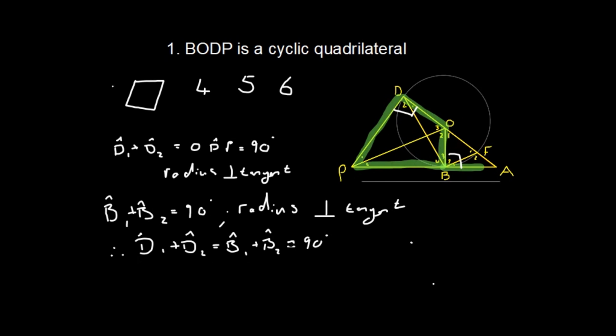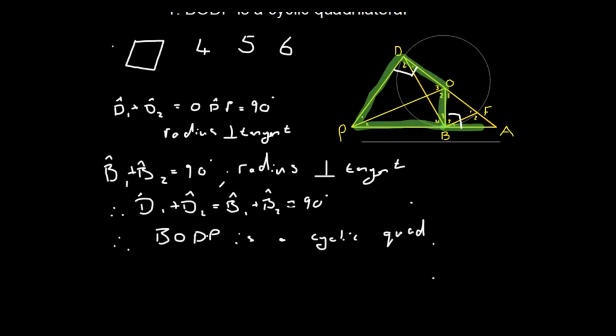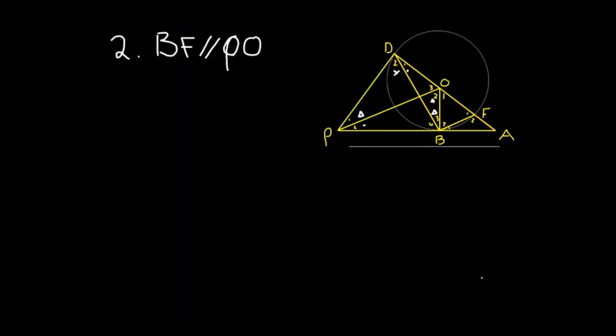And from there, we could say, therefore, as the question said, BODP is a cyclic quad. And our reason would be exterior angle equals interior opposite angle, or for the sake of English, opposite interior angle.